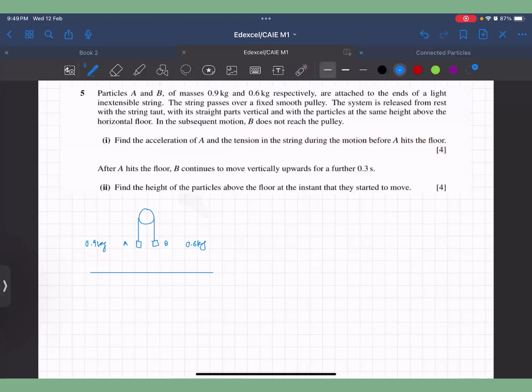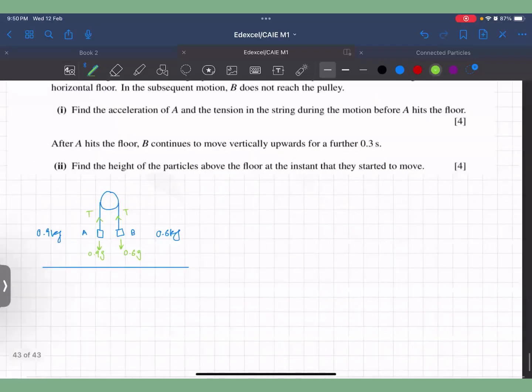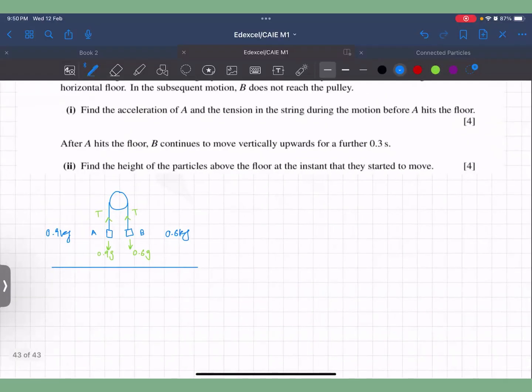We need the acceleration and the tension, the same thing as before. We have the weights, 0.9 G and 0.6 G, and tension. A is going down, so the weight of A is larger than the tension. So 0.9 G minus tension equals 0.9 A, since F equals MA.